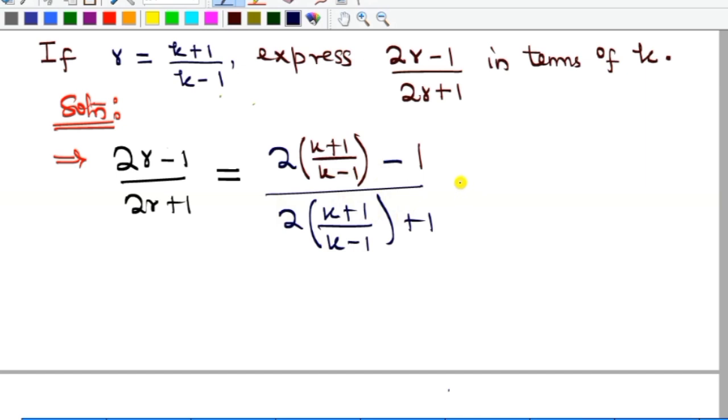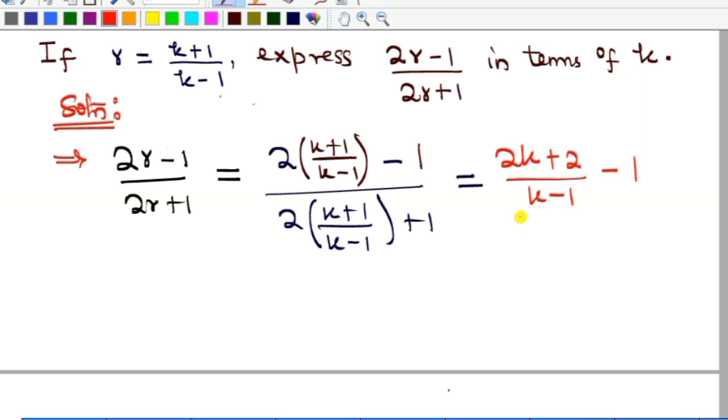Quickly, if you open this bracket, 2 will multiply the numerator, and that's going to be 2k plus 2 will multiply this 1 also to give you 2, and this is all over k minus 1, and then we have minus 1 here.